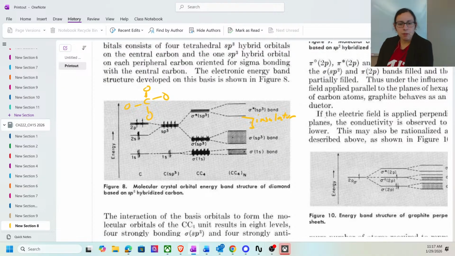Once we put together those 2 structures, our carbon plus our 4 carbons, and the mathematical conclusion of that, that shows us our band.